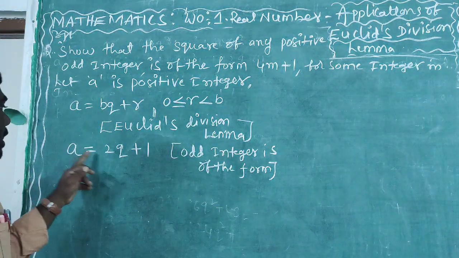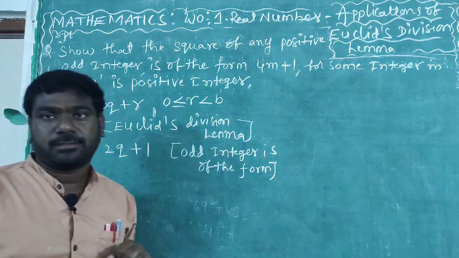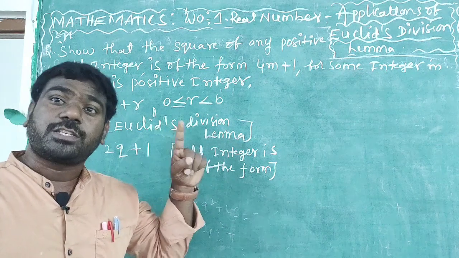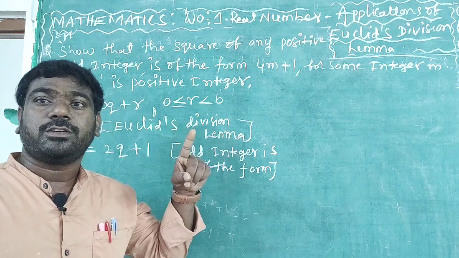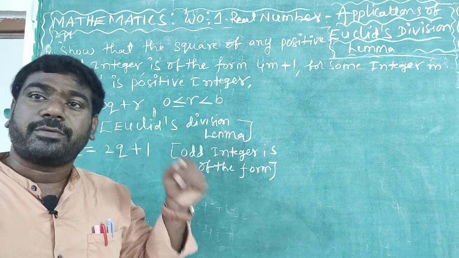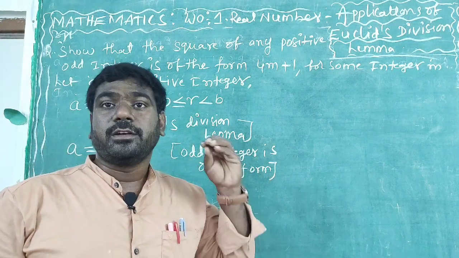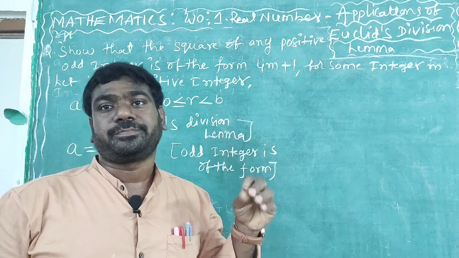The odd form should be a is equal to 2q plus 1. We already proved that in the first application. You can watch that video. If you have not watched it, I will provide the link in the description box. Please watch the videos and understand the concept thoroughly.